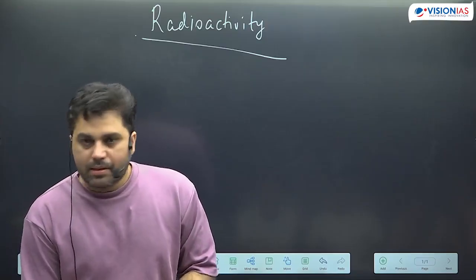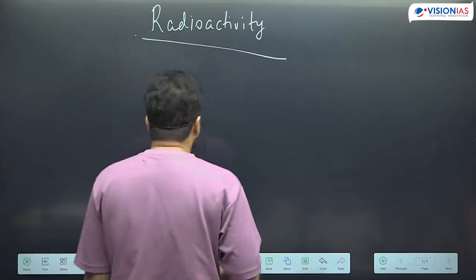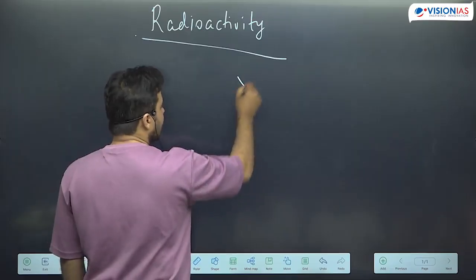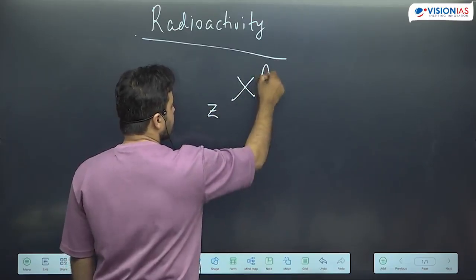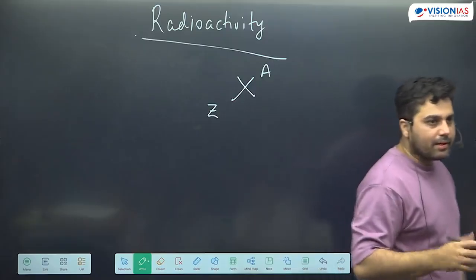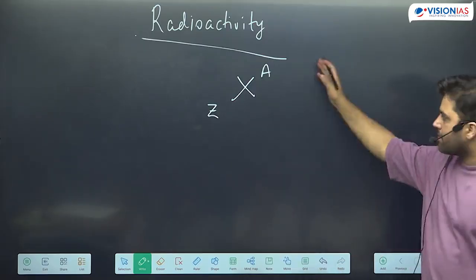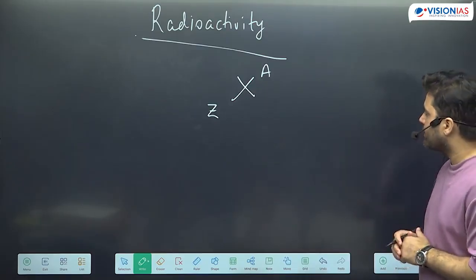So there are three natural processes which actually happen. Let's assume a random nucleus called X, which has atomic number Z and atomic mass A. X can be anything; Z and A are the atomic number and atomic mass of this particular nucleus. This nucleus is not very stable.